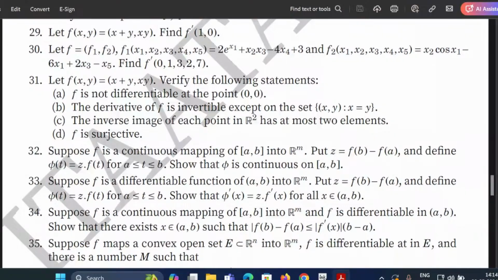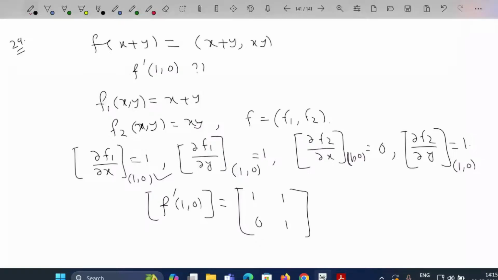For any point (x, y), calculate the derivative. What will be the derivative? So if we calculate at any point, the derivative will be: first row will be 1 1, but the second row will be y x.